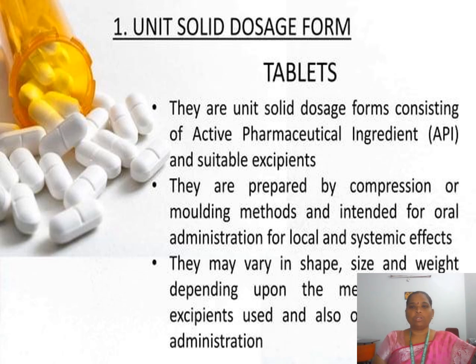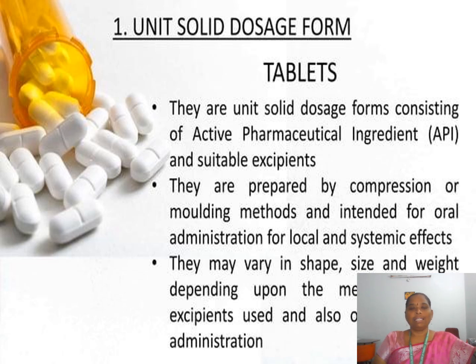Tablets are unit solid dosage forms consisting of active pharmaceutical ingredient and suitable excipient. They are prepared by compression or molding methods, which are intended for administration orally for local and systemic effect.